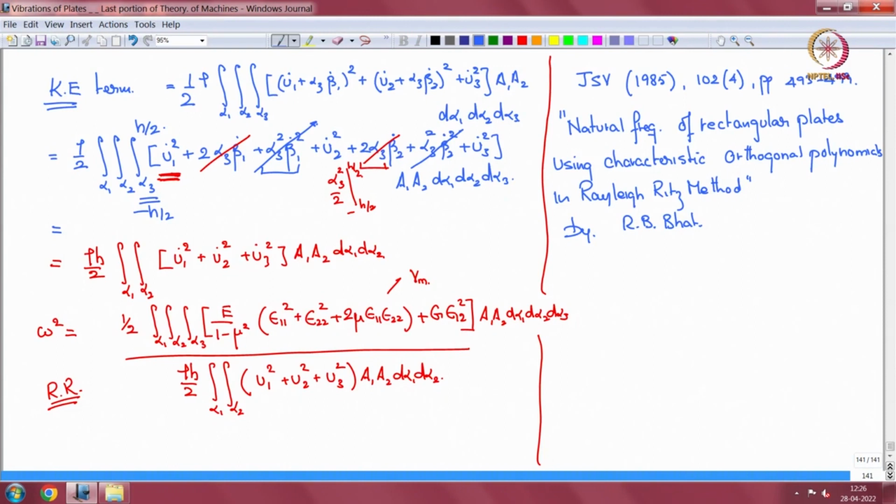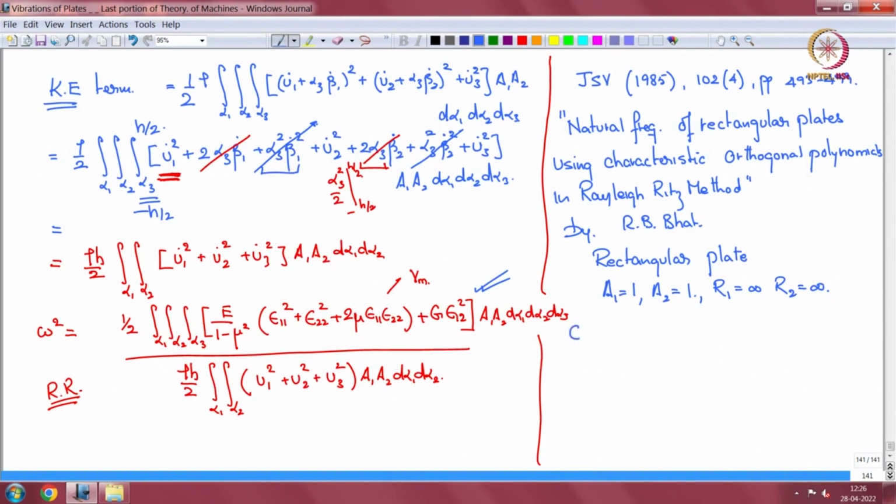So now if we implement this for a rectangular plate, A1 is equal to 1, A2 is equal to 1, R1 is equal to infinity, R2 is equal to infinity.